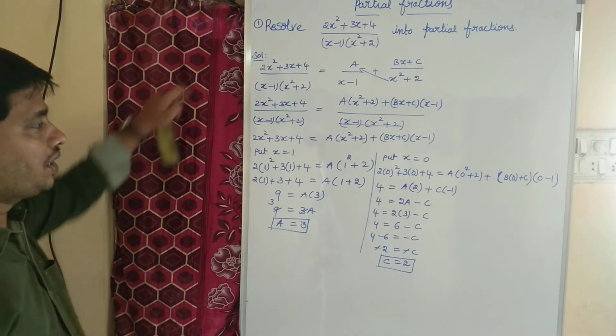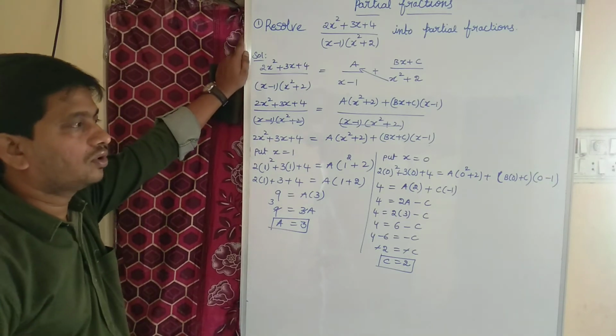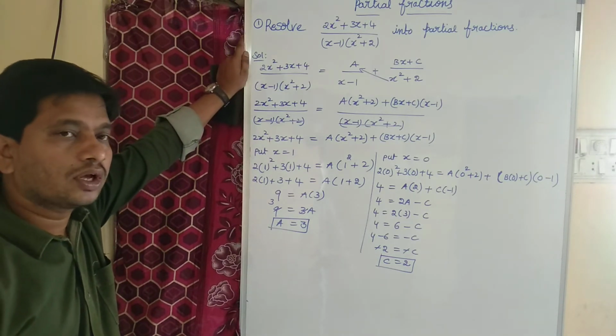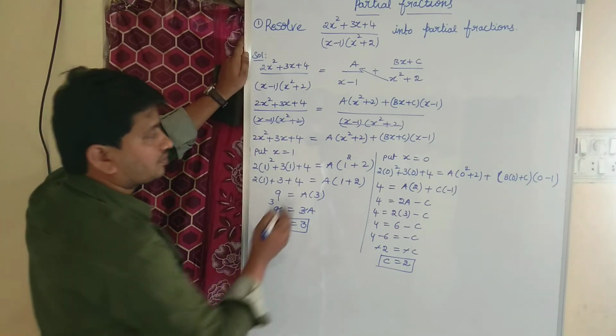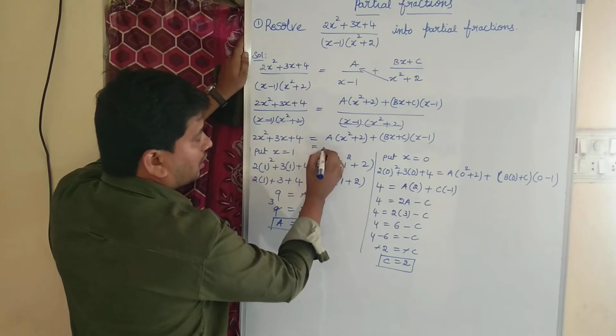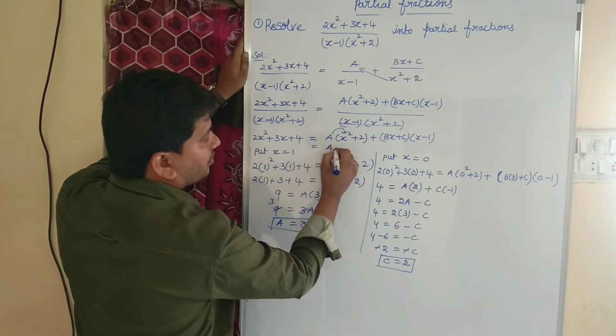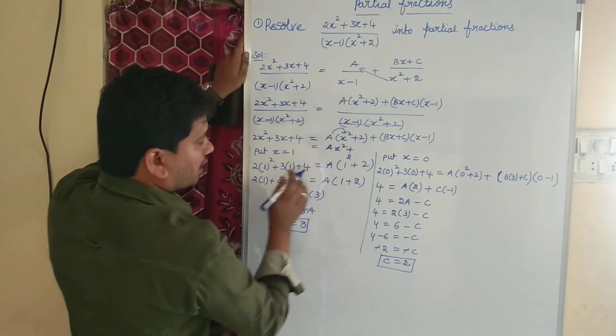To get the value of b, what will we do? Let us equate the coefficient of x square. Children, if you observe properly, let me write it down.